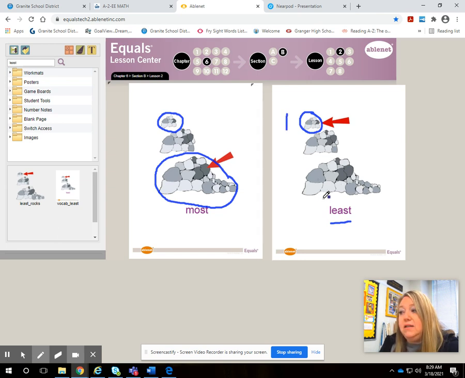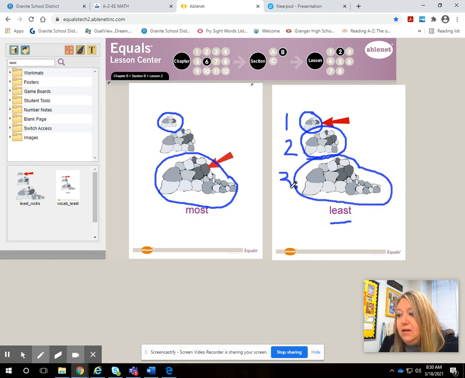That's the first, it's the one with the least amount. The next one up would be right here, number 2, right? So this is the next step up. It's a little bit more than the least, okay? And then the third least amount would be right here.